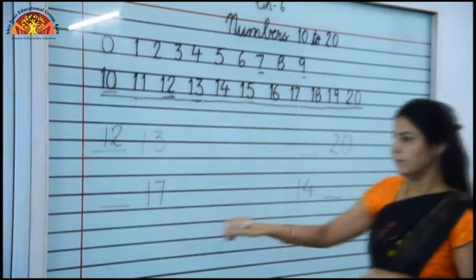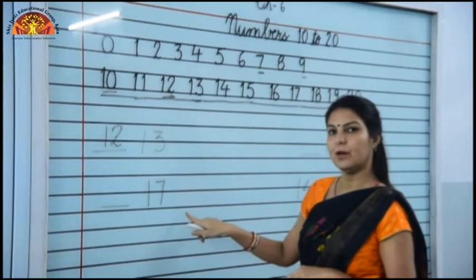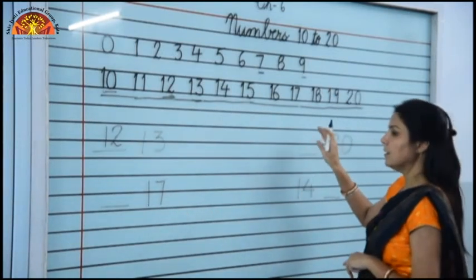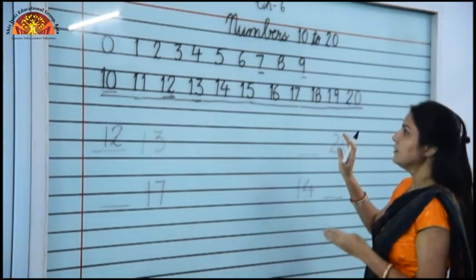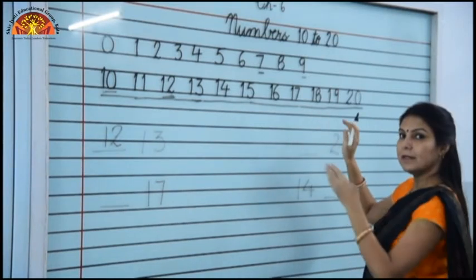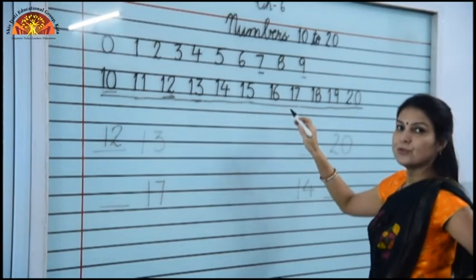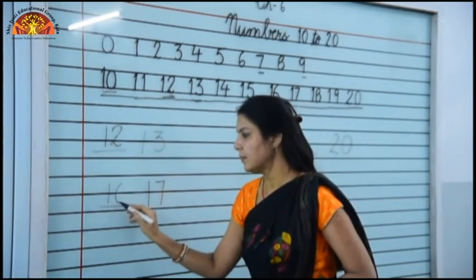Now see one more example. We have to write before number of 17. So again we will see in the counting the number which comes left side, that will be before number. Which number is written at the left side? 16 is written at the left side. So this number will be before number of 17.